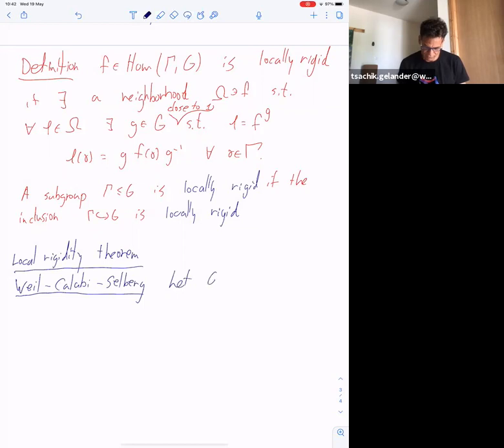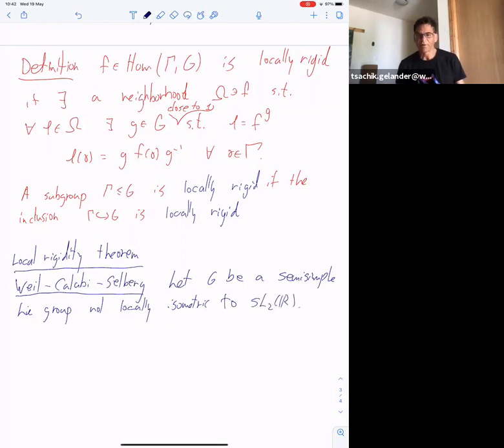Let G be a semi-simple Lie group, not locally isometric to SL2R. So in particular, if I only consider the adjoint group, the assumption is that G is not PSL2R.